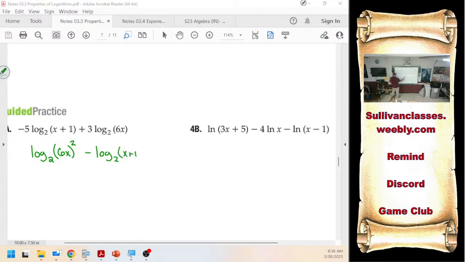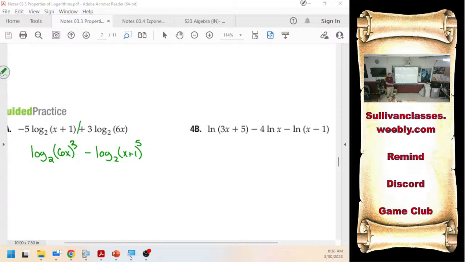Where's your two? It's supposed to be 3. 6x to the square. Negative 5. Yeah, it's also supposed to be negative. Wait, can you do that? Oh yeah, because then it's just on the denominator. Oh yeah, that's easier. That makes so much more sense.